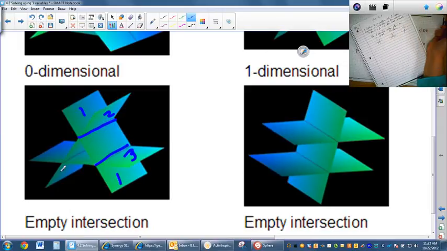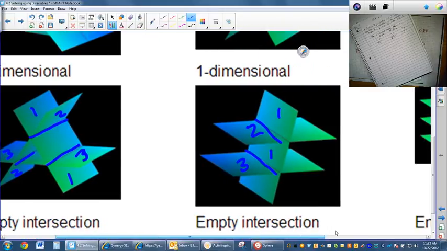And 2 and 3 intersect right here. But all 3 planes never intersect at the exact same point. And in our last one, plane 1 intersects plane 2 and plane 3, but nowhere do they all intersect at the same point.